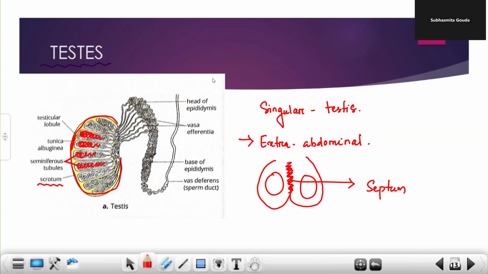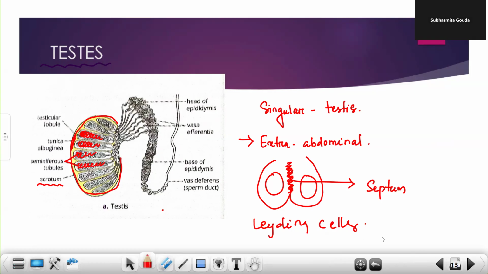Next, between the seminiferous tubules in the connective tissue are present clumps of interstitial cells that are called the Leydig cells. Here is the Leydig cell. What are Leydig cells? Leydig cells are in the connective tissue where clumps are present in the intercellular space.